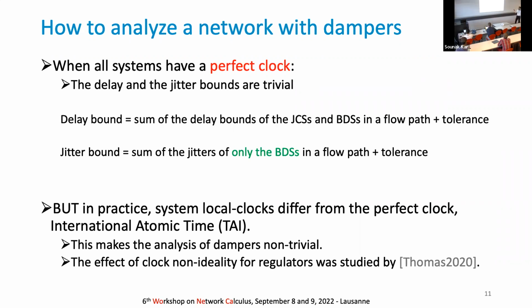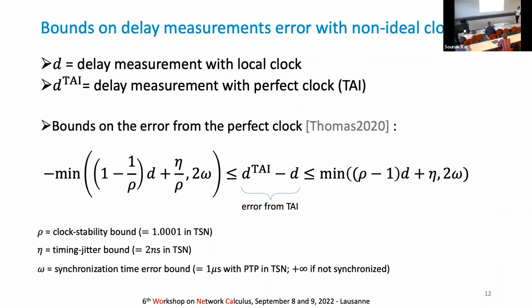We have seen the effect of non-ideal clocks with regulators, in the work of Ludovic, that may cause some subtleties and issues. So we would like to follow that with dampers and see how it really works with them. So we use the bounds that they computed in their paper, the work of Ludovic, that the error from the perfect timing is bounded by these values.